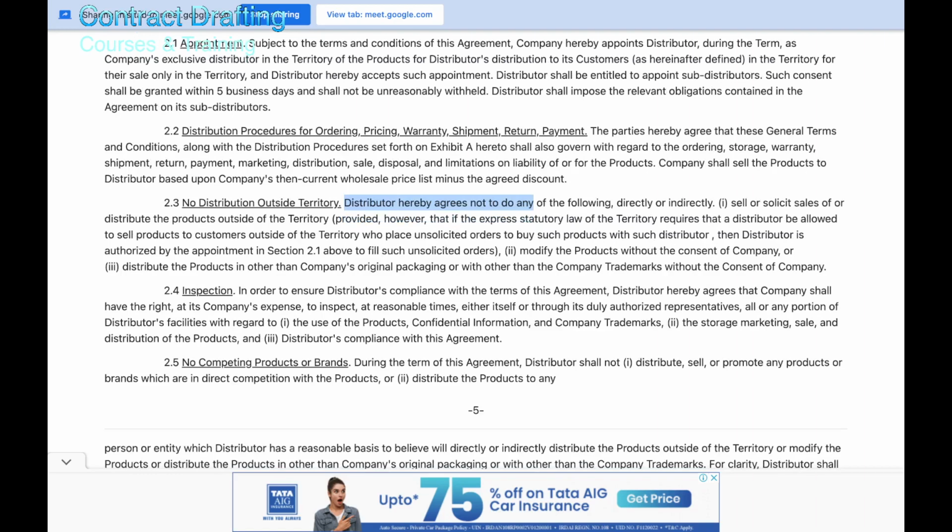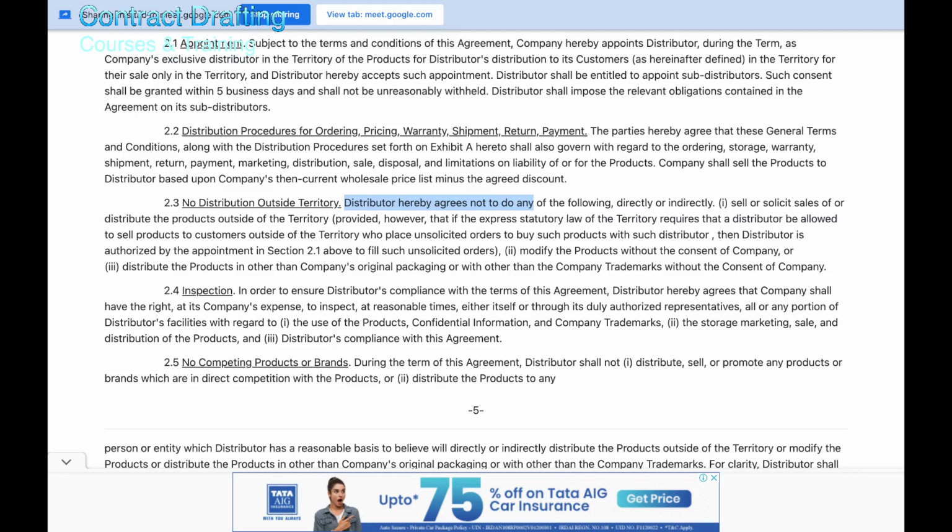In order to ensure distributor's compliance with the terms of this agreement, distributor hereby agrees the company shall have the right, at company's expense, to inspect at reasonable times, either itself or through its duly authorized representative, all or any portion of distributor's facilities with regard to use of the products, confidential information and company trademarks, storage, marketing, sale and distribution of the products, and distributor's compliance with this agreement.